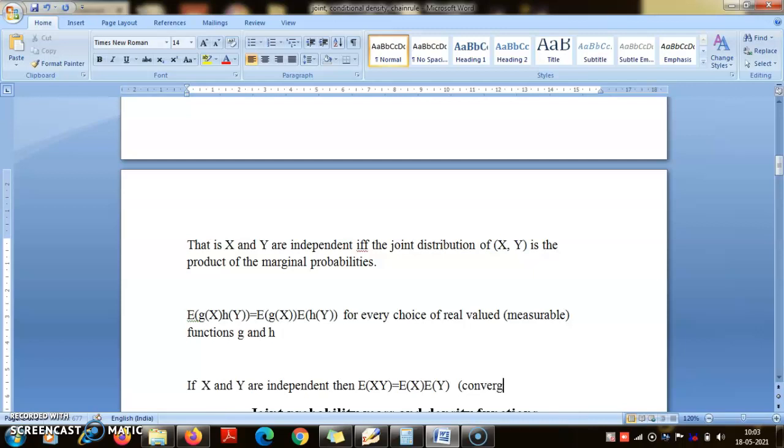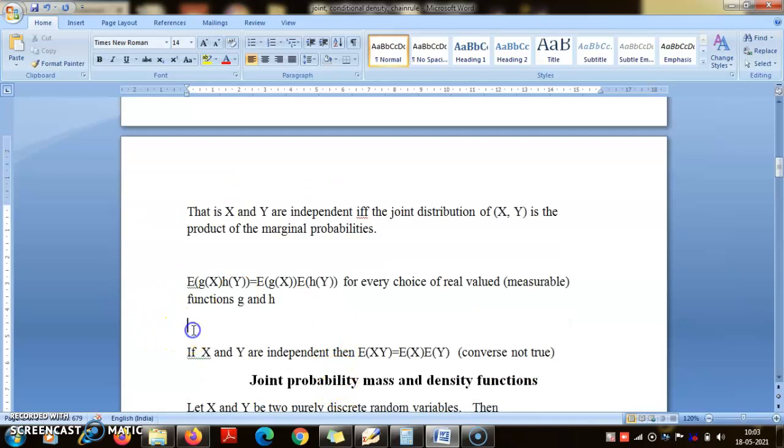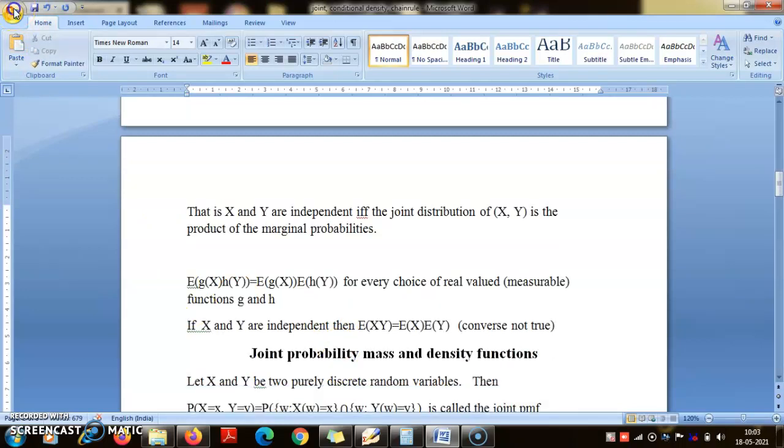We have already seen an example of this in the covariance notes. If you have only this condition, that does not imply independence. It means they are not correlated. If they are independent, they are not correlated, but uncorrelated variables can still be dependent.